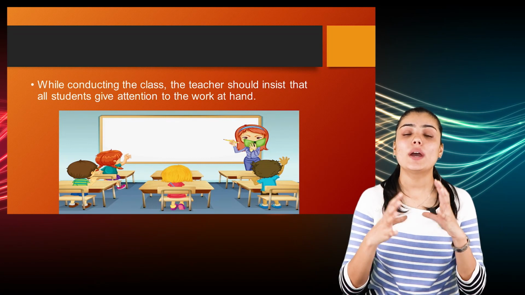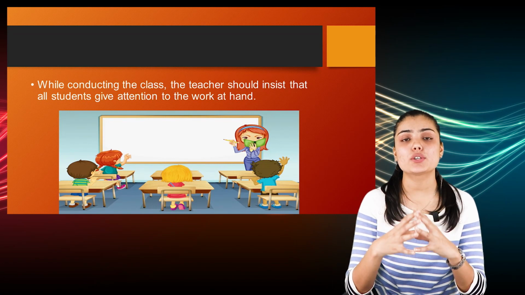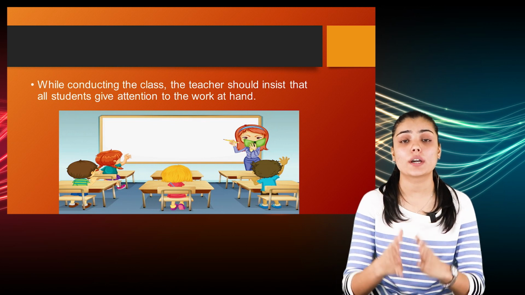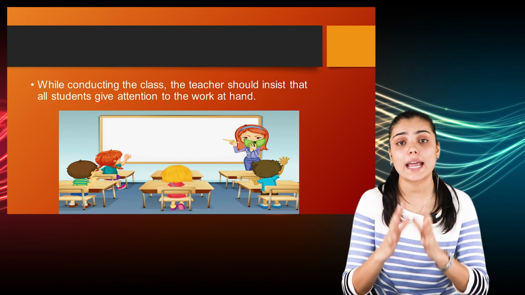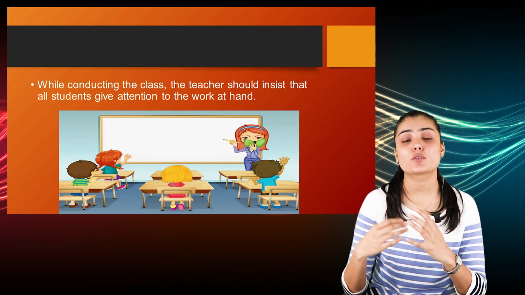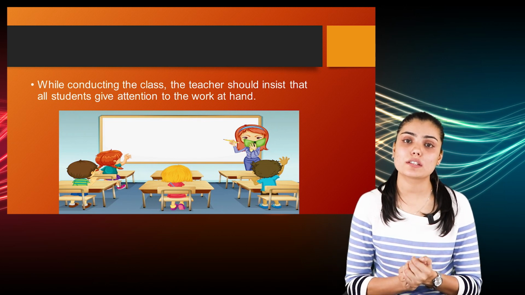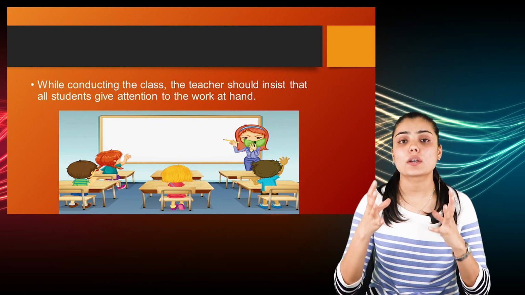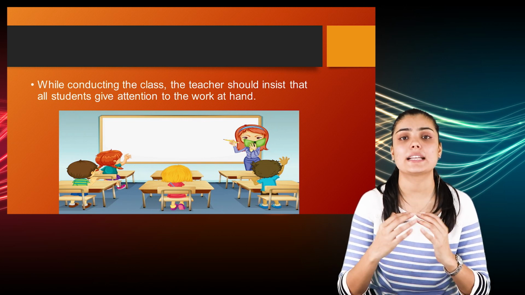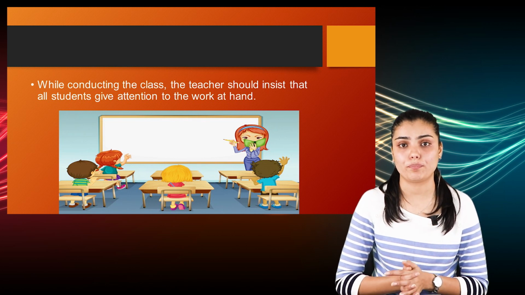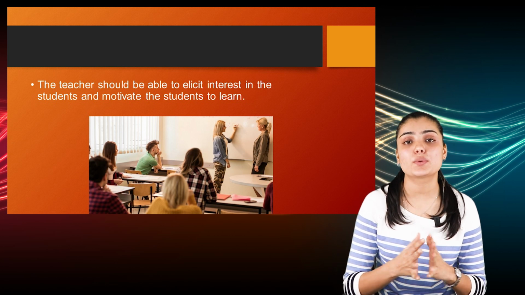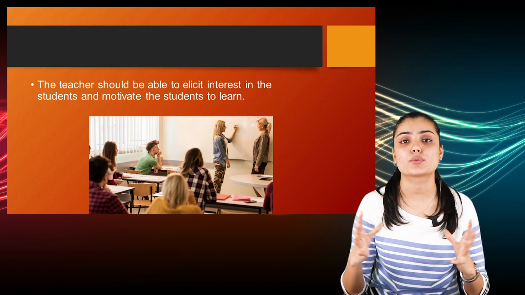All right. Now, while conducting the class, the teacher must make sure that the students carry out their work at the given time. This makes sure that the students are paying attention to what is being taught and are interested in carrying out the activities given by the teacher. As I said, the teacher must be able to elicit interest and motivation among the students.